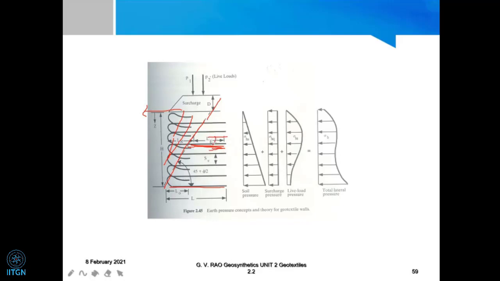So it is this zone which is going to give you the earth pressure. So that means we are going to draw the same line actually here, horizontally, and then we are going to take the earth pressure in that zone, which has to be resisted by this particular geotextile or geosynthetic now. So this is the zone, that means this earth pressure which it has to tackle now.